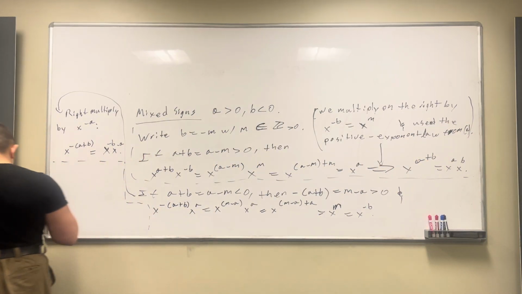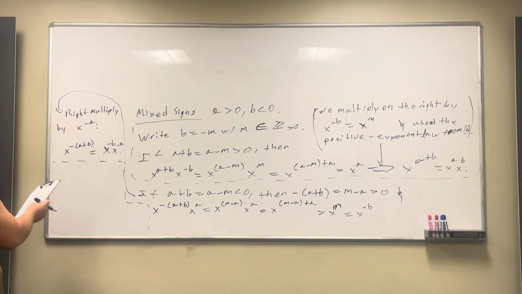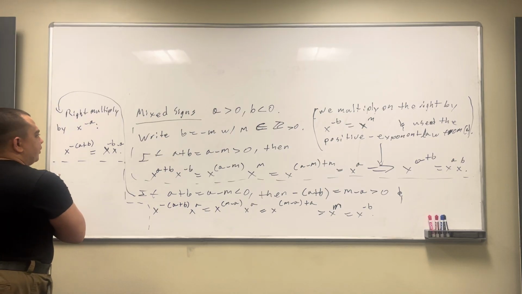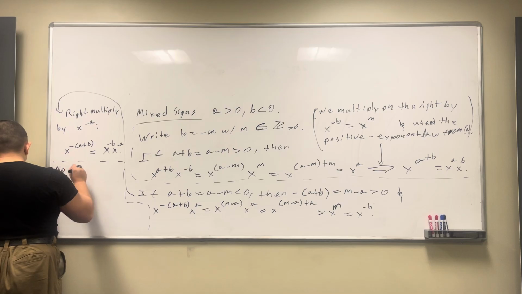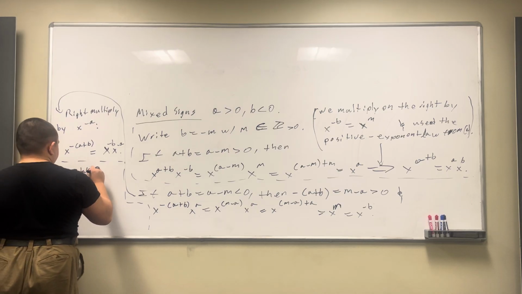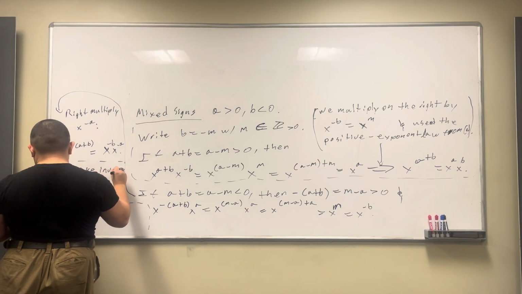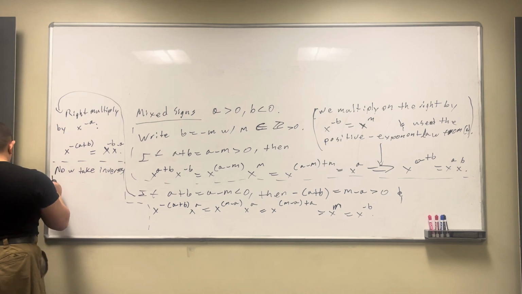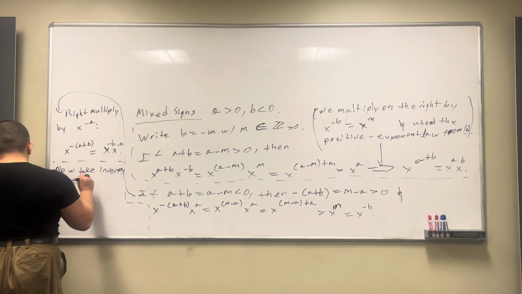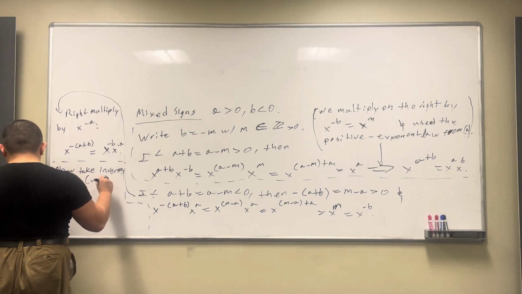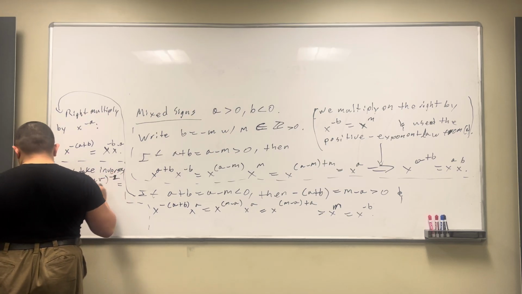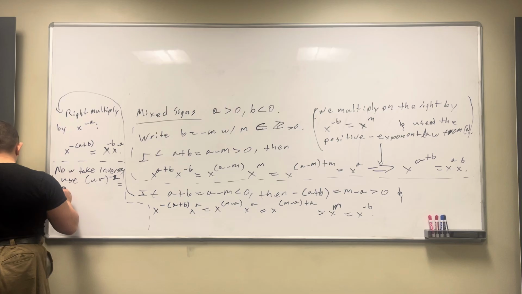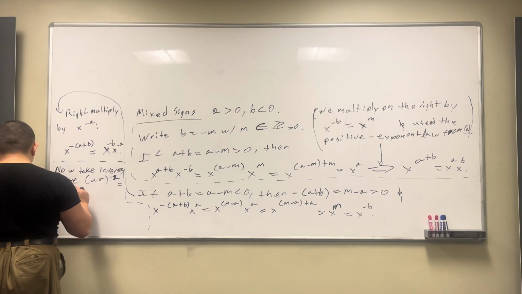Actually, there's enough space before we move on to the next case. Now take inverses and use (uv) to the power of negative 1 equal to v to the negative 1 times u to the negative 1.